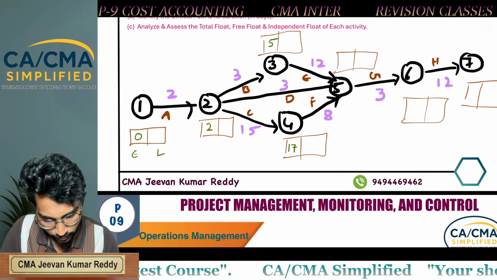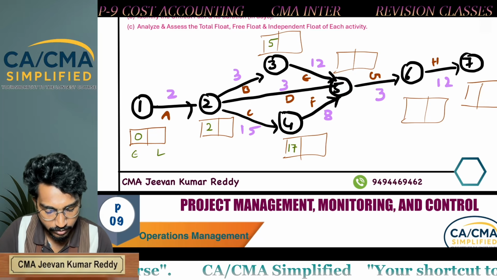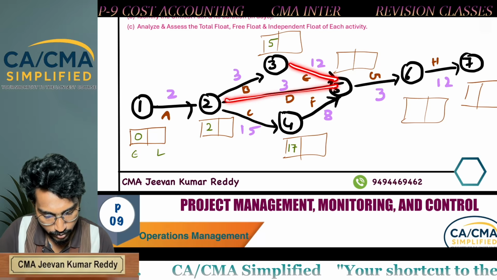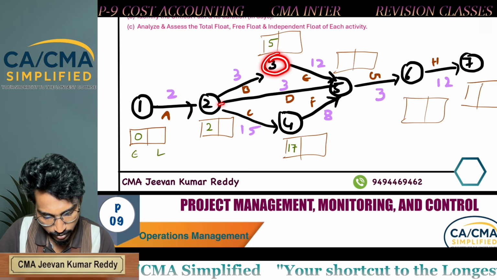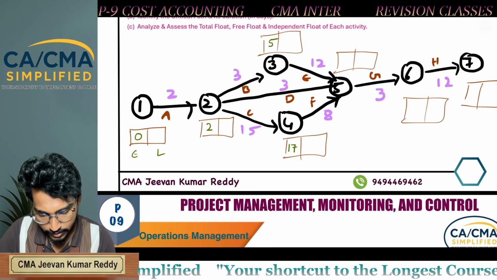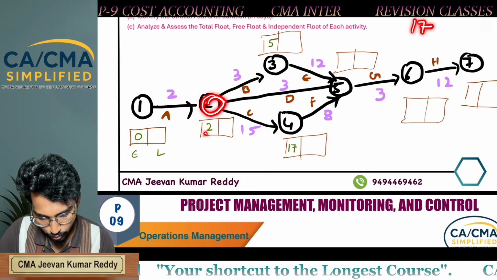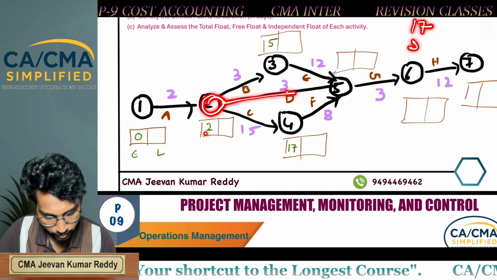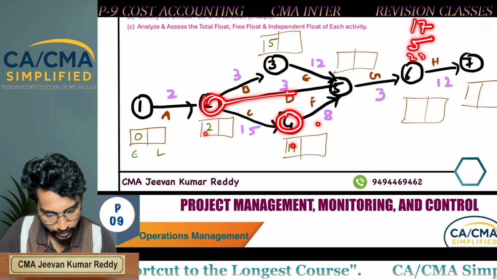Next, if you see here, how many activities are leading to it? 1, 2, 3. So from here, how much? Previously it is 5. 5 plus 12, that is 17. Next, here how much? 2. 2 plus 3, that is 5. Next, how much here? 7. 7 plus 8, that is 25.